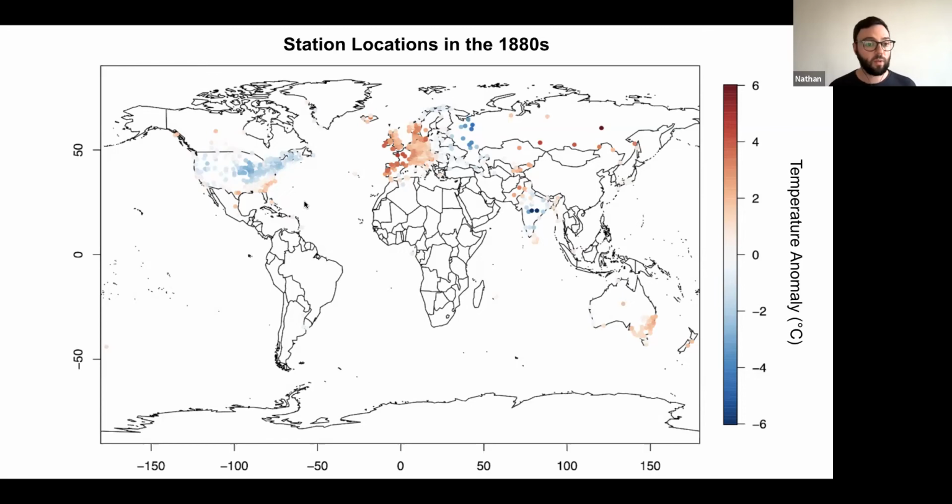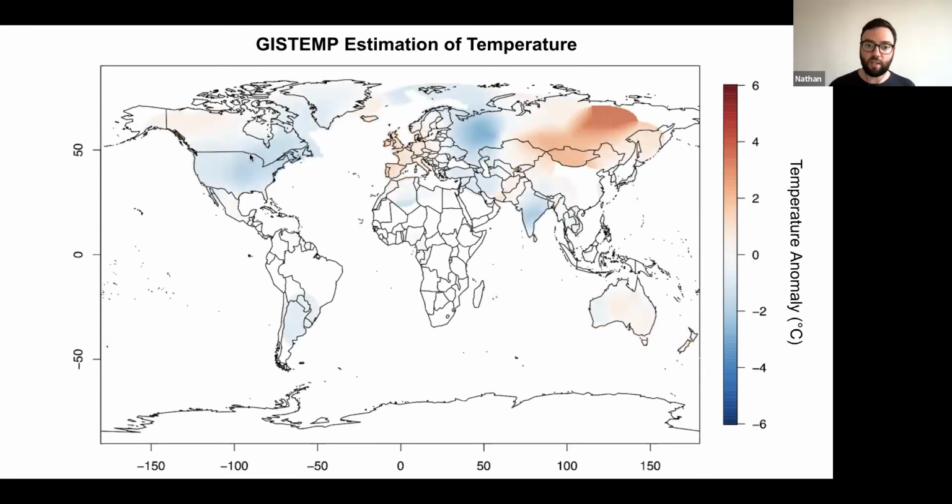As I said, how GISTemp and how NASA actually calculates these global temperatures is they take each one of these station locations and say that each station describes some area around it. How this looks on a map is when we take each of these stations and extrapolate out from them, we get a map that looks like this.